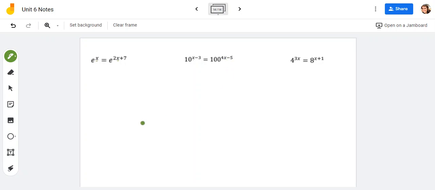So we need to use a different strategy. When solving equations with exponents, if we can get the base to be the same, like if we know that these are the same and the base is both x, then a must equal b as well. So we want to make the bases the same.